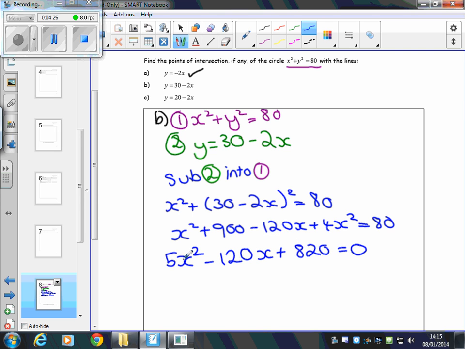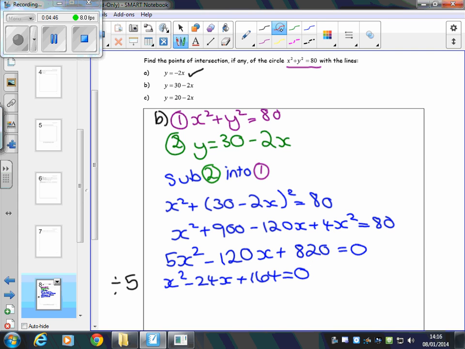Now each one of these can divide by 5, so I'm going to divide the whole thing through by 5, which will give me x squared minus 24x plus 164 equals 0.